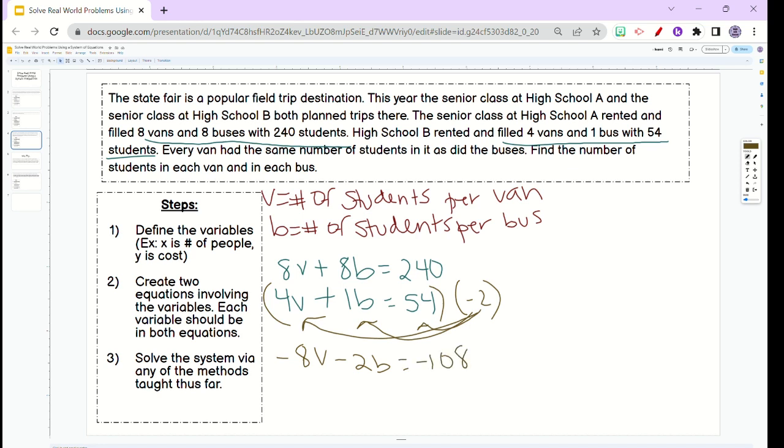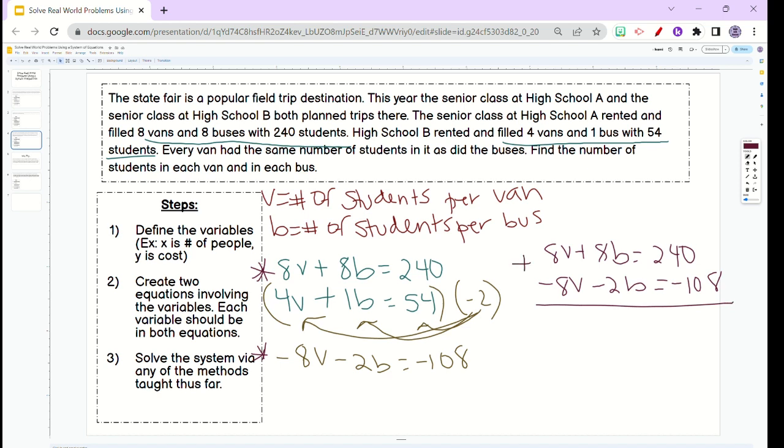-108. Alrighty, so now that I know what my 2 equations are, I'm going to rewrite them one on top of the other, right? So this is the one equation, this is the second one. So 8V plus 8B is equal to 240. -8V minus 2B is equal to -108. And now I can add and solve.